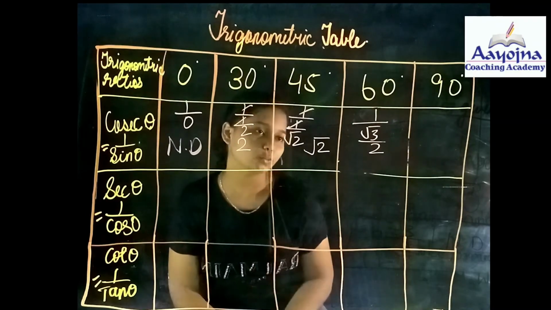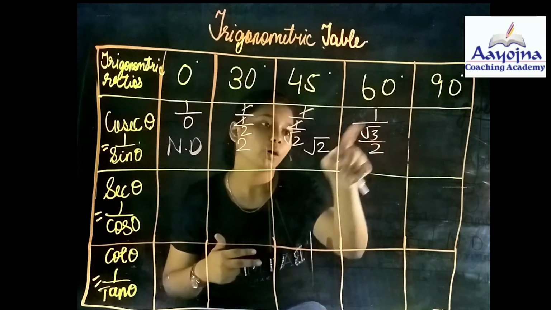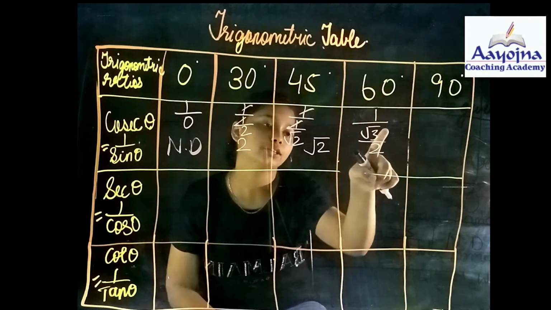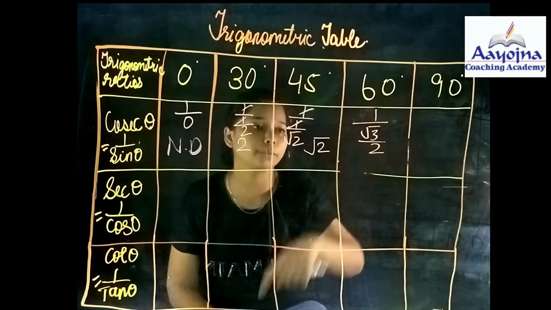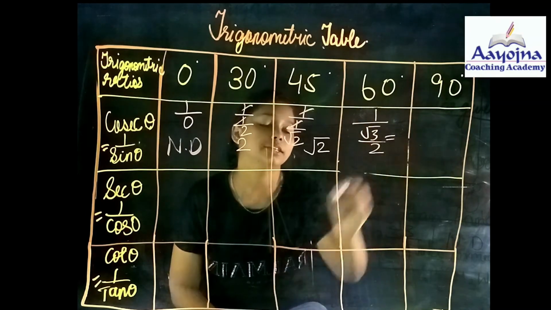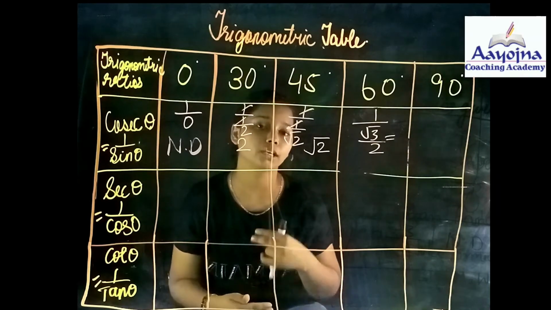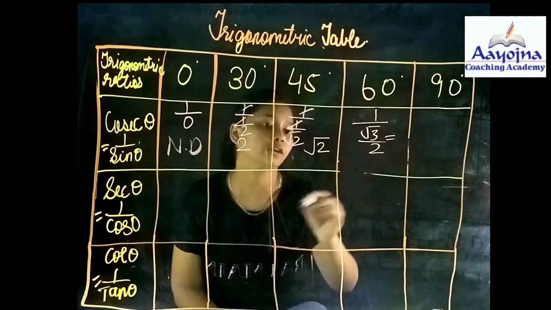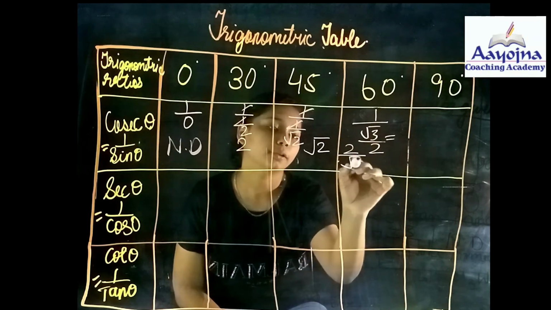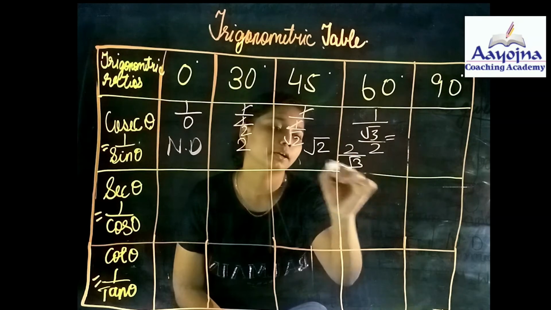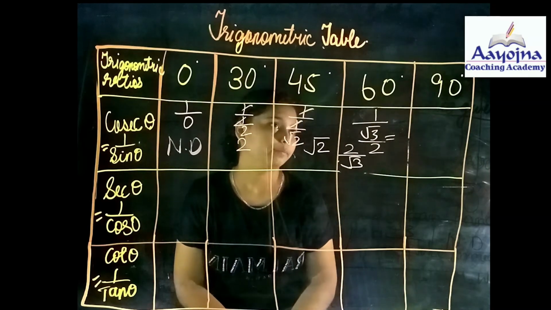So in this case what we do is we reciprocate the denominator. Here the denominator is root 3 upon 2, so we will reciprocate it and this 1 will not be written. Reciprocating means the numerator becomes the denominator and the denominator becomes the numerator. So here 2 becomes the numerator, and root 3 becomes the denominator. So the value becomes 2 upon root 3.